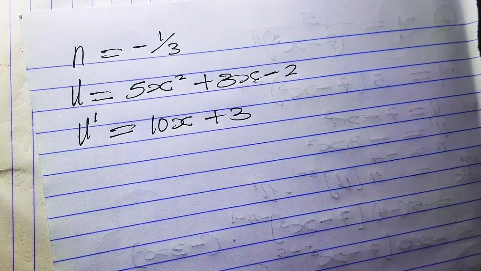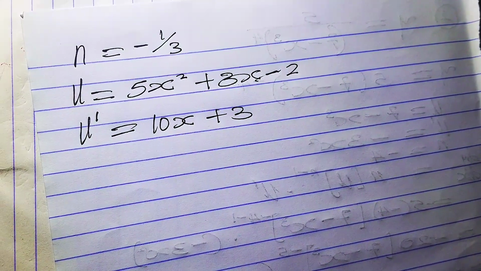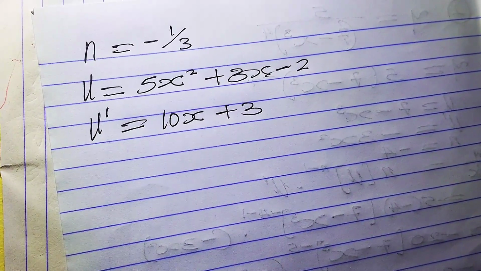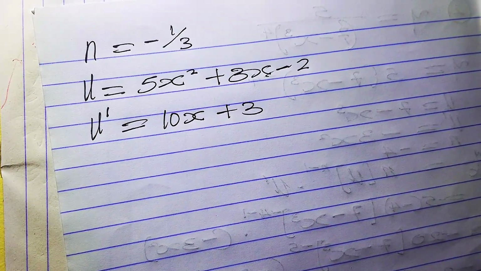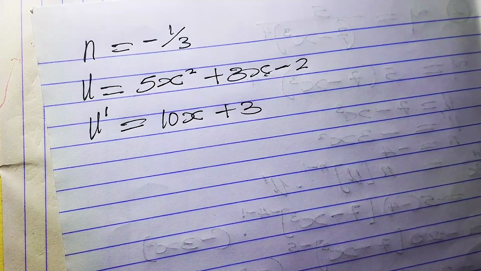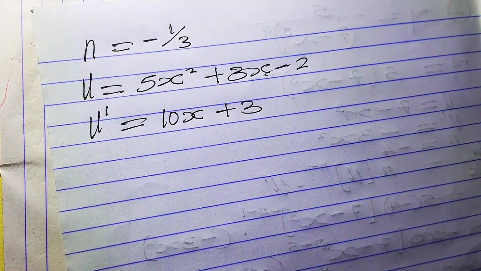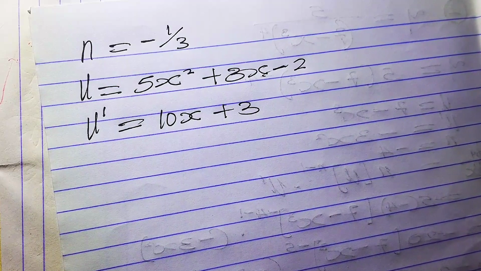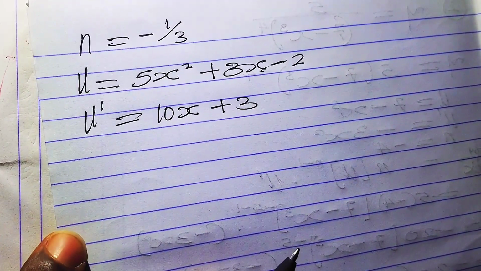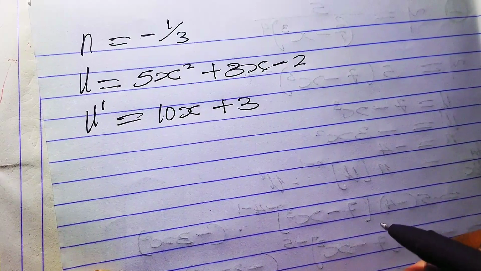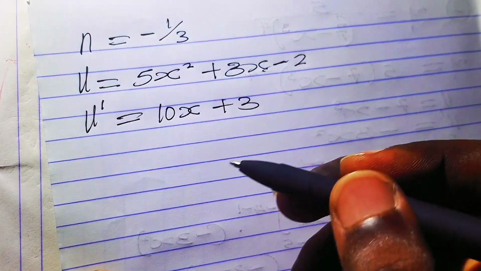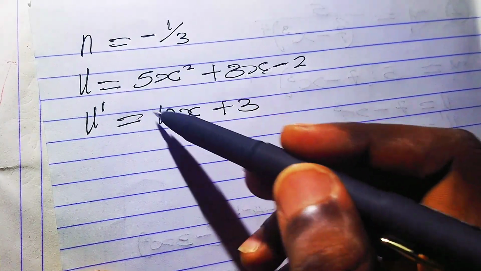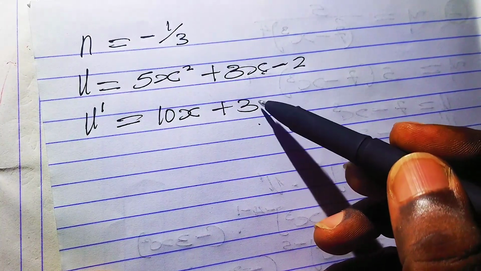So the differential value of u is going to be 2 times 5, which is 10x plus 3.